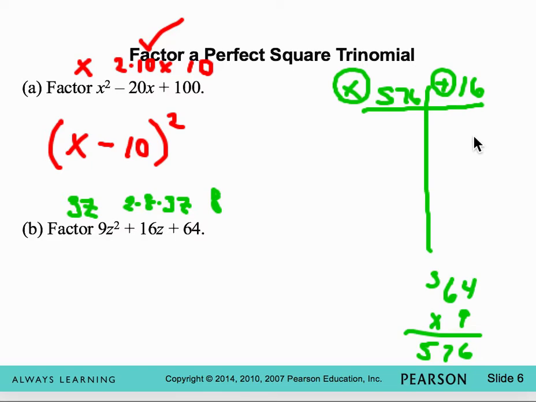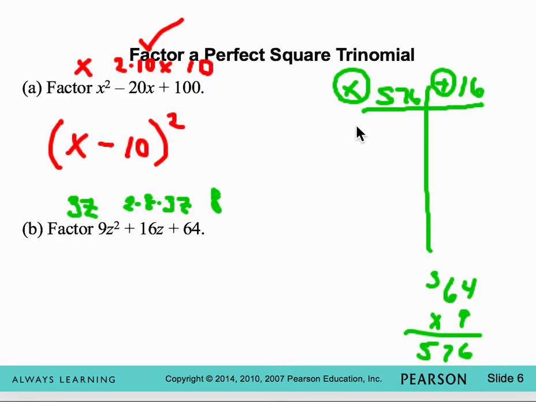Okay, so let's see. The numbers are going to have the same sign, so they're going to be fairly close together, right? Right off the bat, I think this is going to be prime, but let's look.